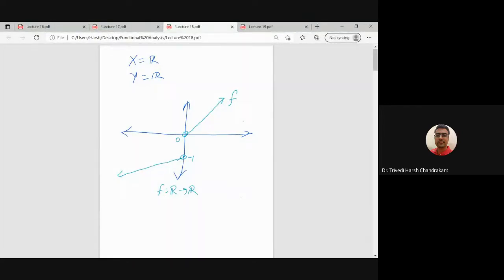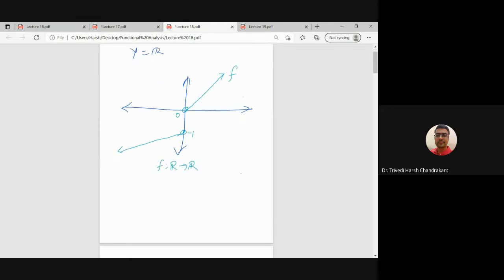take any function from R to R which is linear, it must be a line. The graph must be a line. So this function is not linear, and therefore, yes, f is not linear, right?